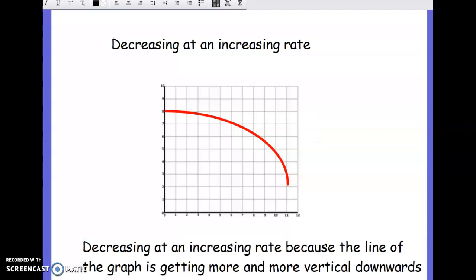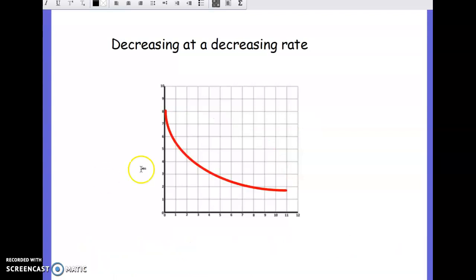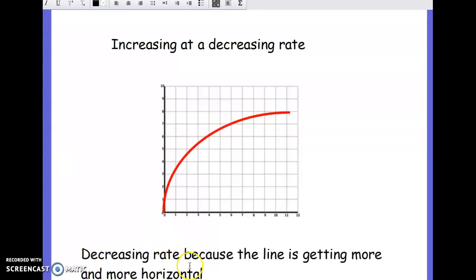Finally, we have this one here, which is decreasing at a decreasing rate. So if you look at the graph, it is going downwards still, but it's curved. You start off going downwards more vertically, and then it starts to flatten out. So that's your clue that it's decreasing at a decreasing rate. Because remember how we talked about before, decreasing rate because the line is getting more and more horizontal.